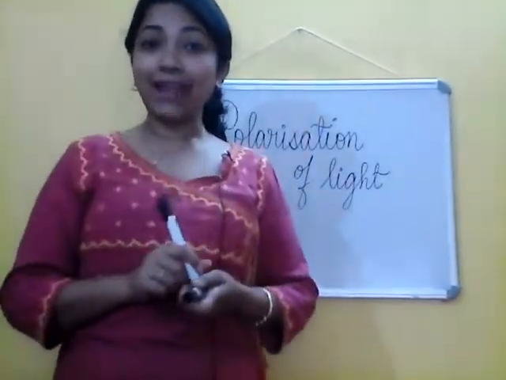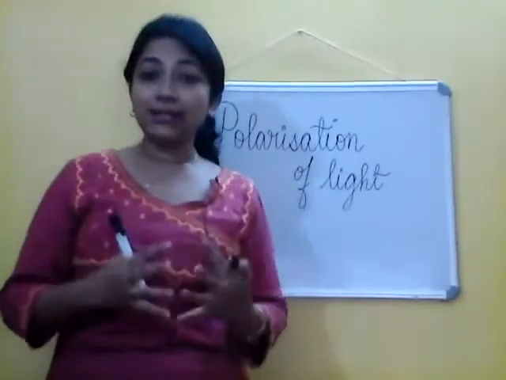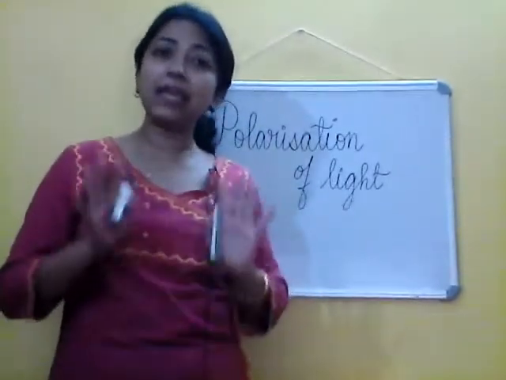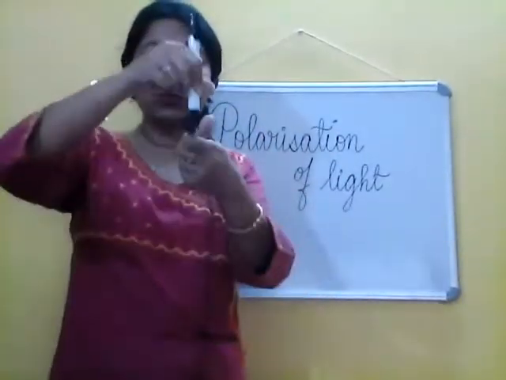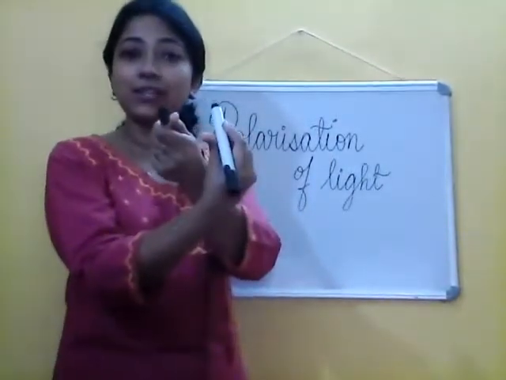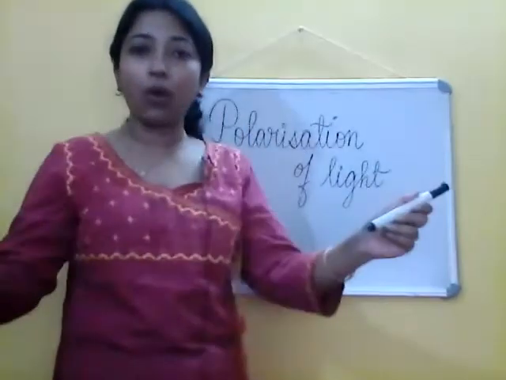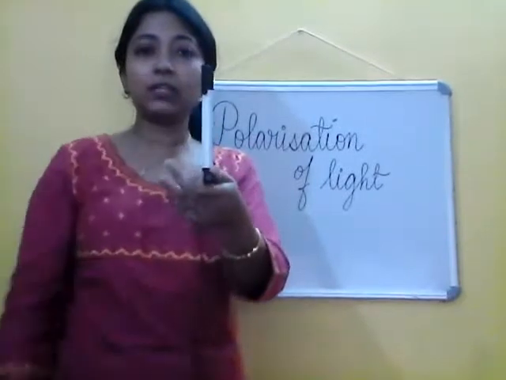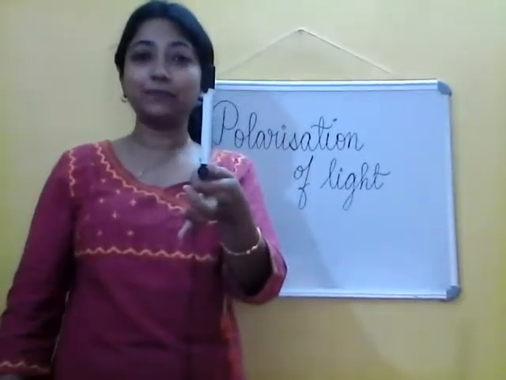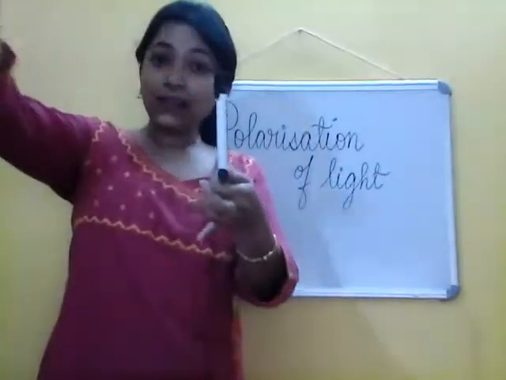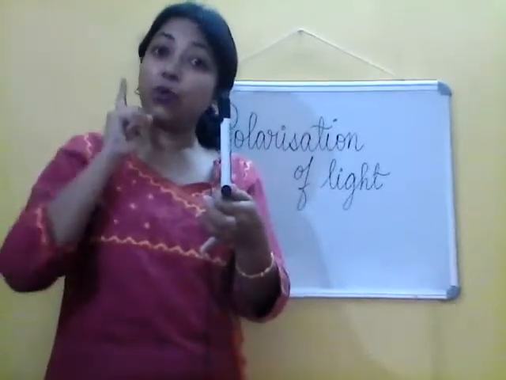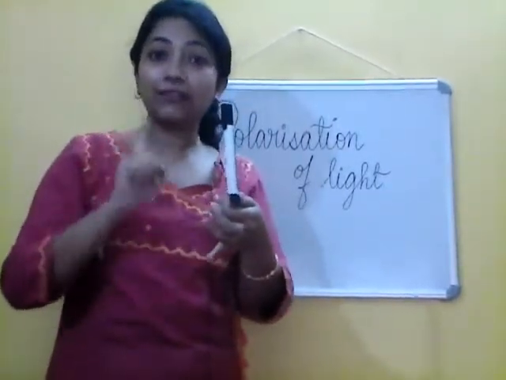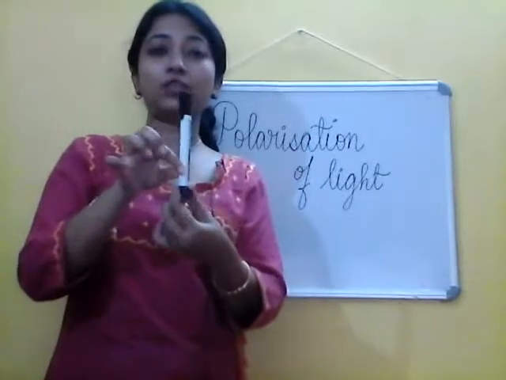But on the other hand, now please try to understand the fact that by some means, out of all these orientations, I have been able to filter out all, and I have kept only this particular component of the electric field, which means the light ray which is coming to my eyes is only having the electric field oscillating in this manner.